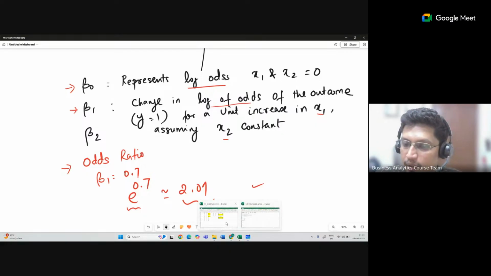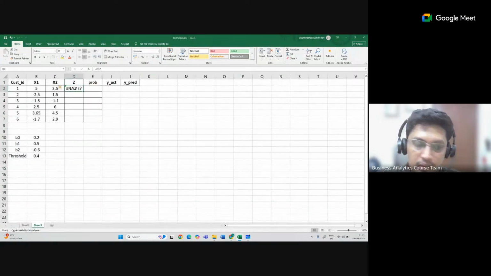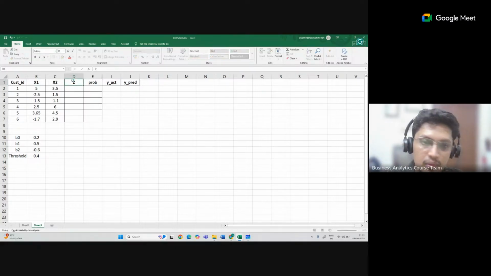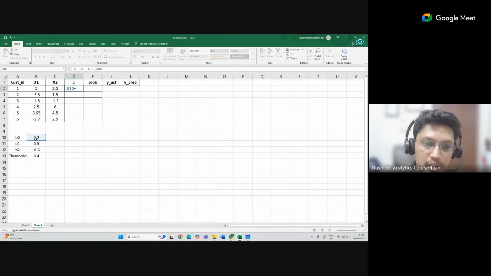Okay. So next one is, what is this Z? Similar to regression, you will see beta naught plus beta 1 into x1 plus beta 2 into x2.